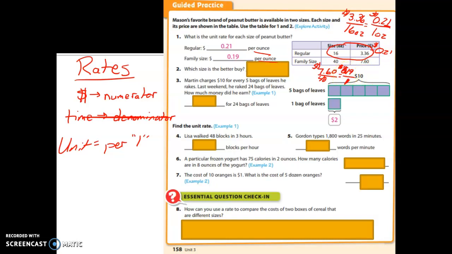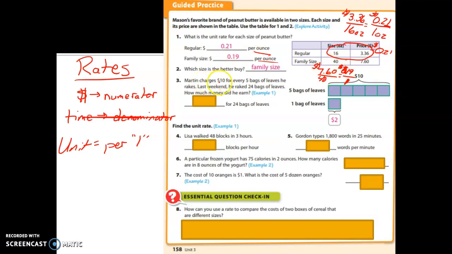So our question then says, well, which is a better buy? Well, here we can either buy the regular, we'll be paying 21 cents an ounce, or we can buy the family size, we're really only paying 19 cents an ounce. So even though this is more money, we're actually getting a better deal with the family size, which is exactly why people shop at BJ's, Costco, those types of places, and they buy bigger bulk, because per ounce, it's less, okay?